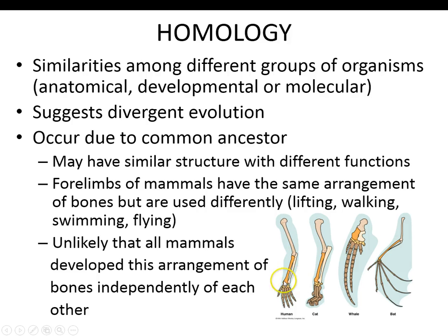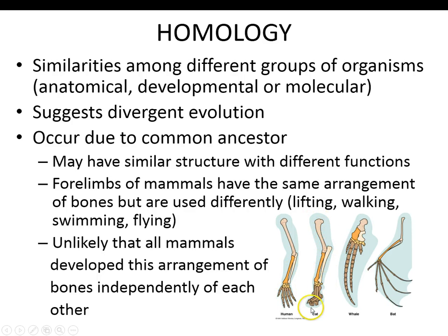You can see that again, in humans, that structure is going to be a little bit different than looking at bats, for example, where the phalanges are extended significantly. But they all have the same number and types of bones, which suggests that there was an ancestor way back here, and over time we've seen evolution occur that has allowed this structure to evolve in humans, so we can use our arms for carrying things, for manipulating our environment.